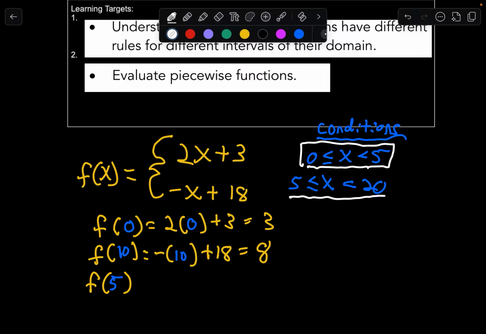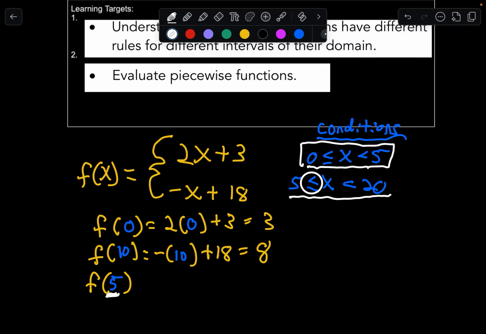Well, the or equal to wins. I always refer to this as the handoff point between the two pieces. So at the handoff point, you have to look for the or equal to. Or equal to is the line underneath. So we have to use the bottom piece.